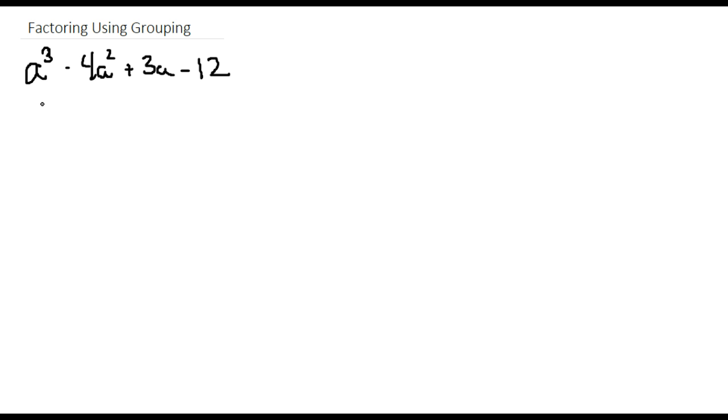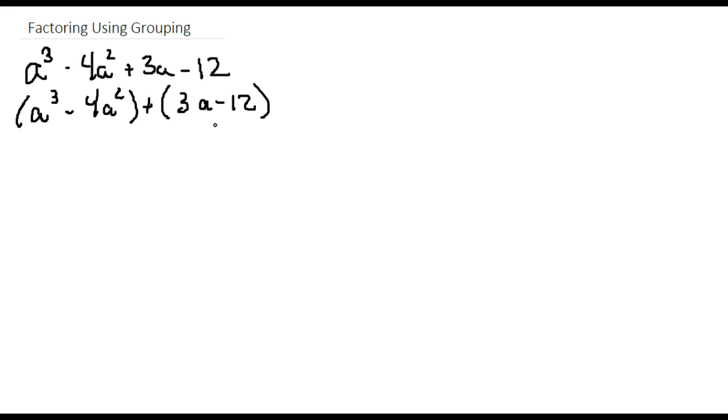So let's take the highest exponents on our a term and put those together. So we have an a cubed and we have a minus 4a squared. So let's put those inside the parentheses. We have open a cubed minus 4a squared, close parentheses, plus what we have left over is open parentheses 3a minus 12.